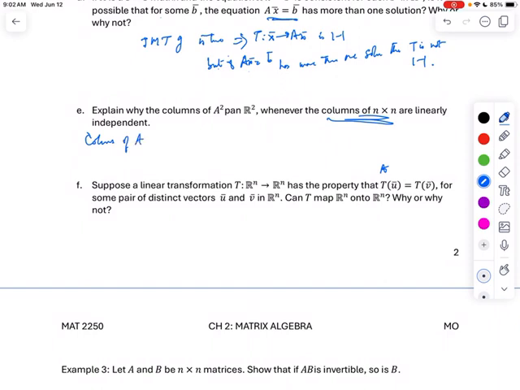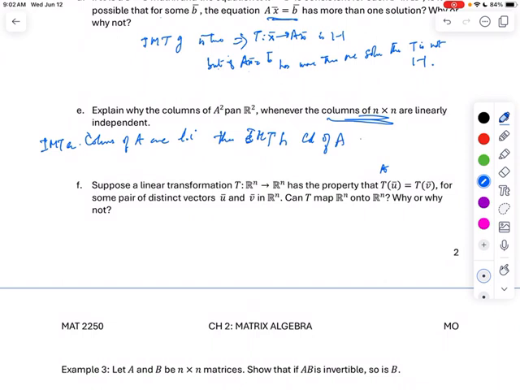So this is kind of IMT A. Then IMT E is saying that, then IMT H is saying the columns of A span Rn. IMT H, columns of A span Rn.